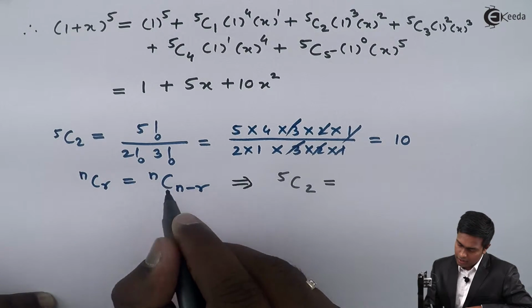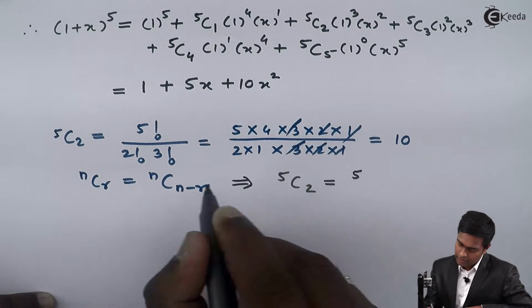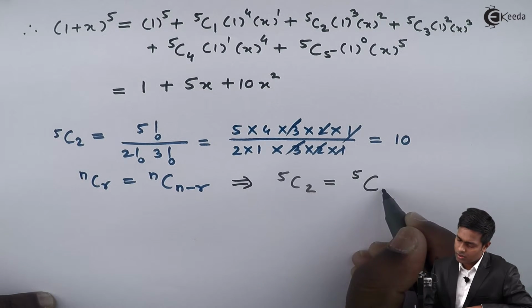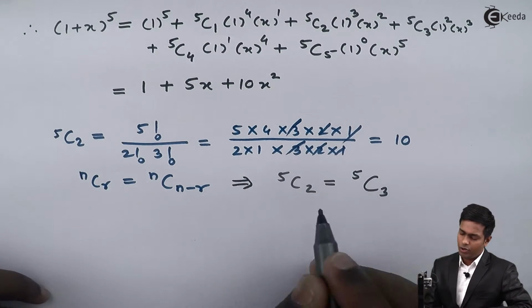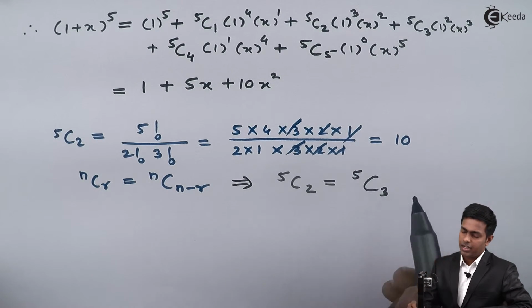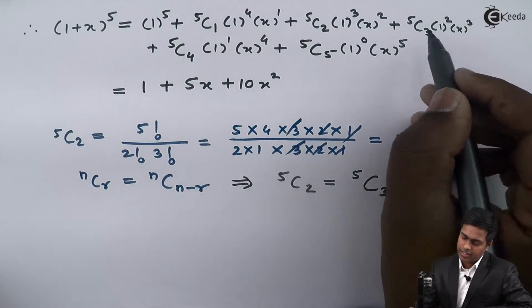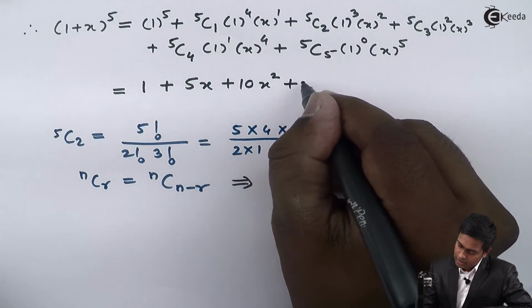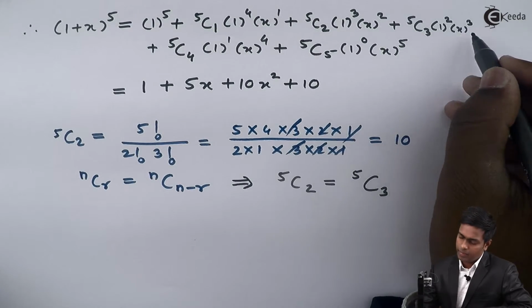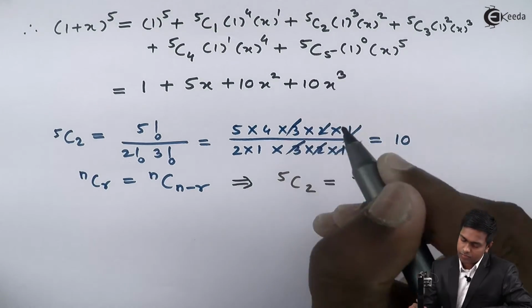So by this property we'll get 5, that is n, c, n minus r, so 5 minus 2, that is 3. It means the value of 5c2 will always be equal to the value of 5c3. Hence the value of 5c3 is the same as 5c2, that is 10. 1 raised to 2, that is 1, x cube.